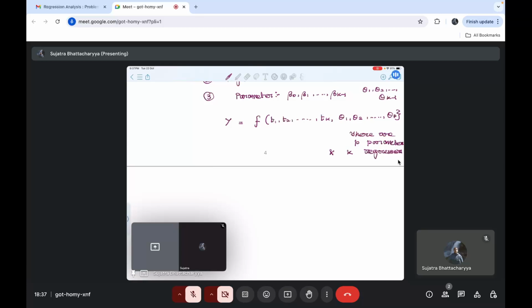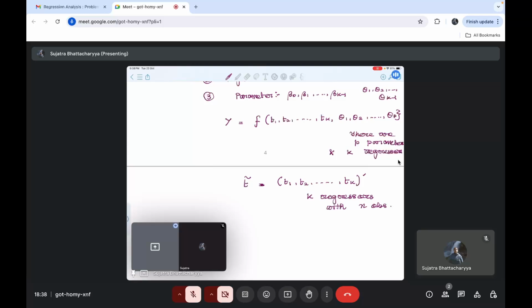Okay, where now t tilde is a t vector. So you can see that I write first t2 up to say tk transpose. This means there are k regressors, with some n observations.